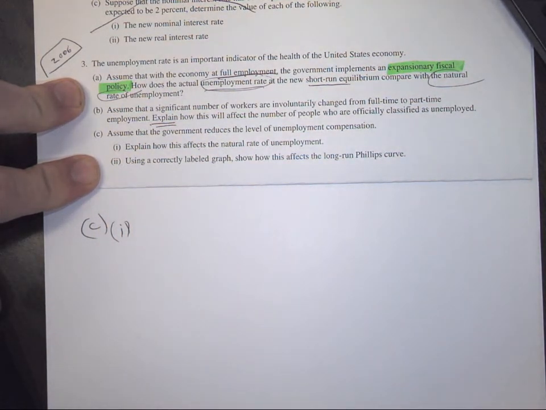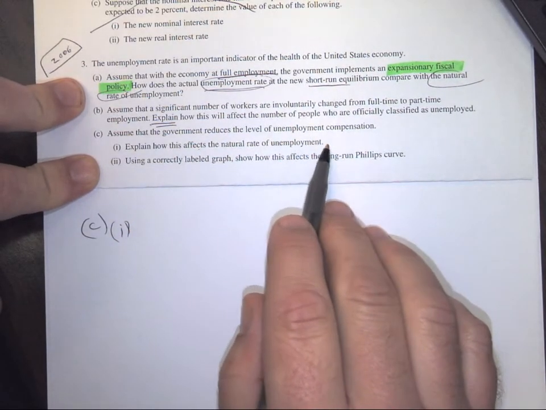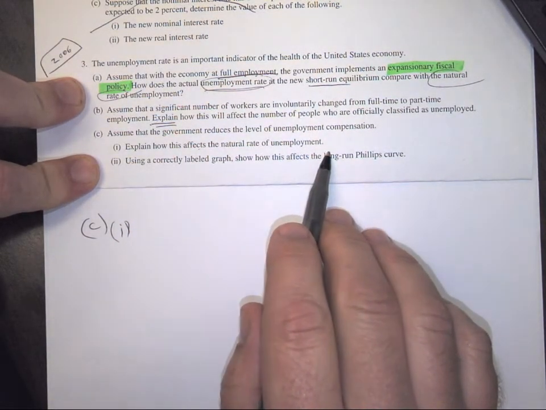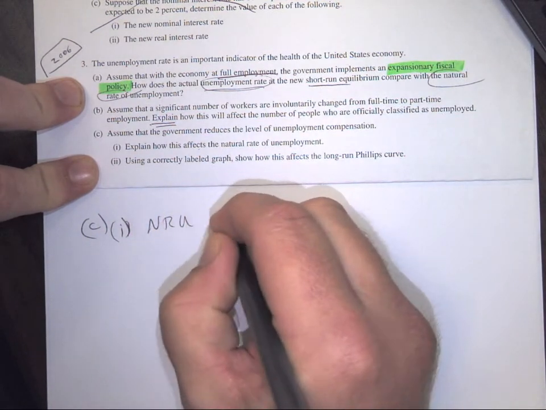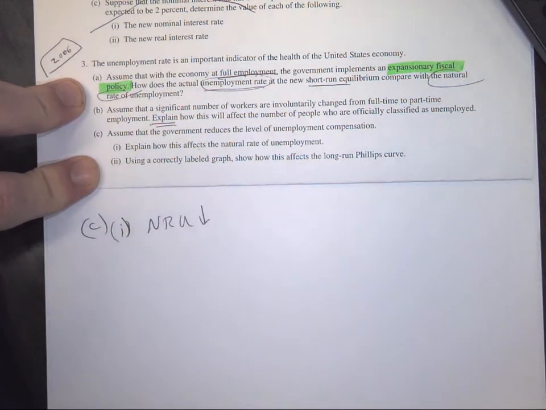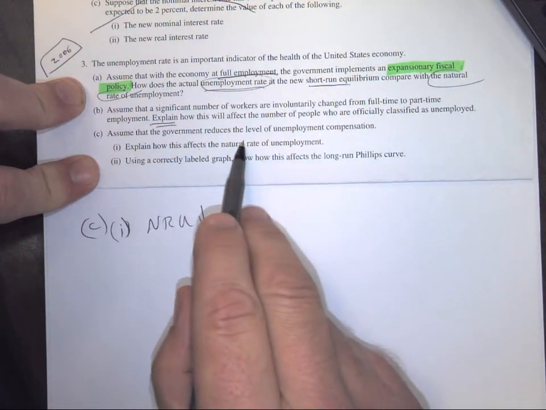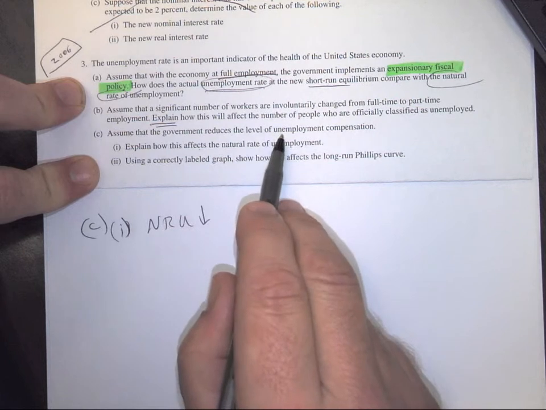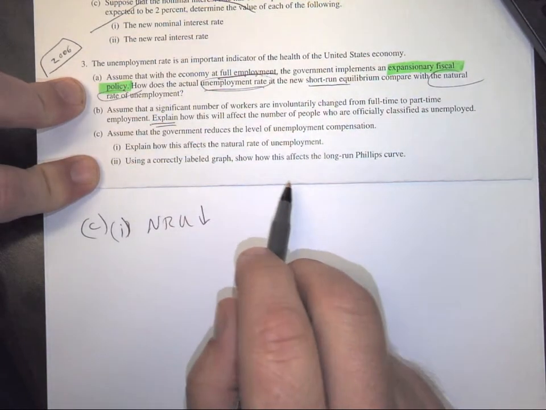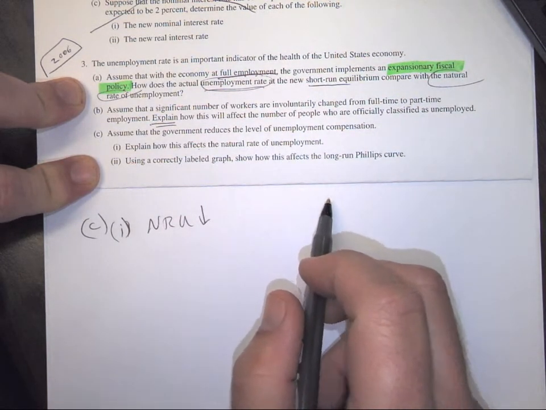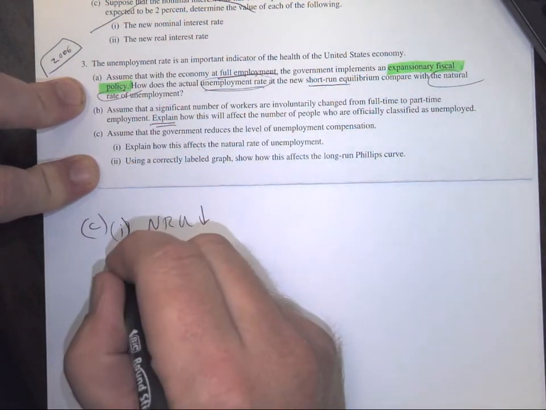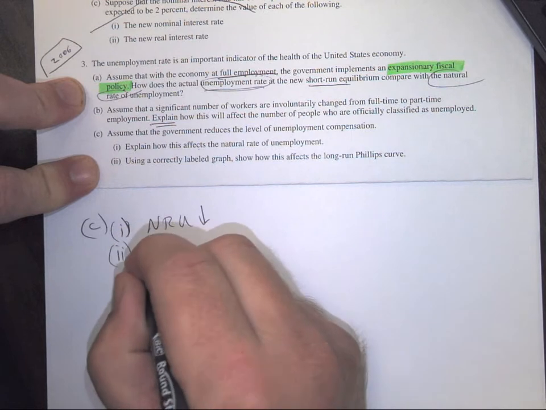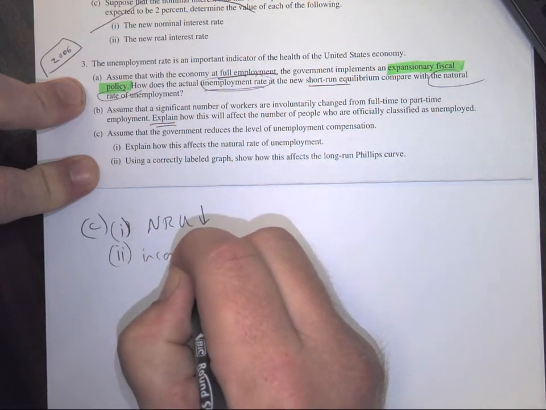Okay, so the natural rate of unemployment is going to fall. Okay, so the NRU is going to decrease. Now, why in the world would that happen? Well, if all of a sudden they reduce the level of unemployment compensation, that means the unemployment checks are not going out anymore, and that's what they're doing right now. So the idea is that that will give people an incentive to go find a job.